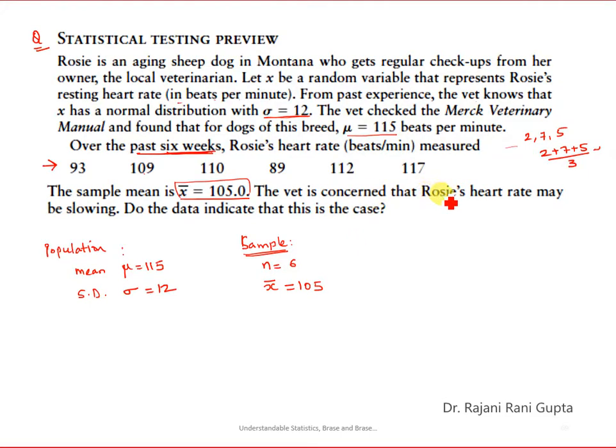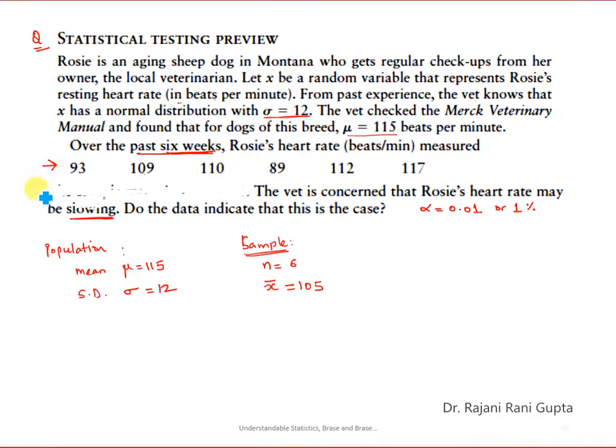The vet is concerned that Rosie's heart rate may be slowing down. Do the data indicate that this is the case? Here we consider alpha to be 0.01, or a 1% level of significance. So we have to work on this.